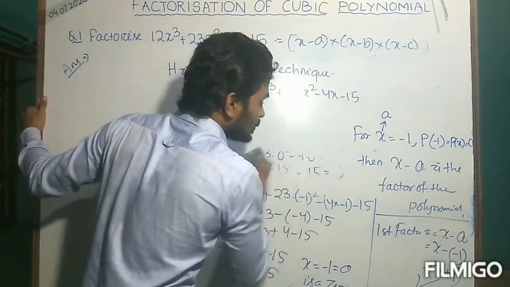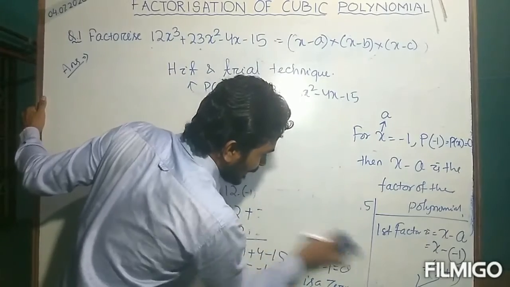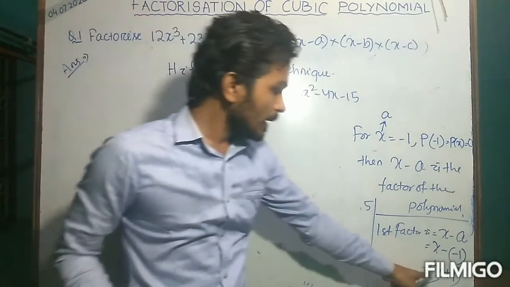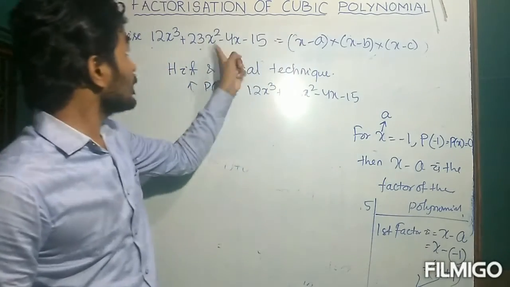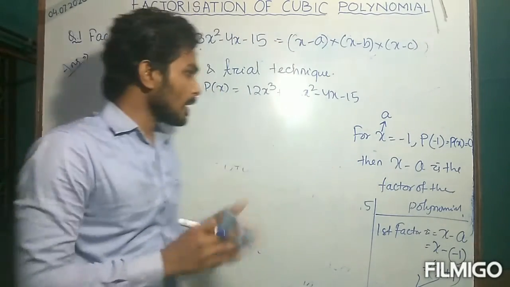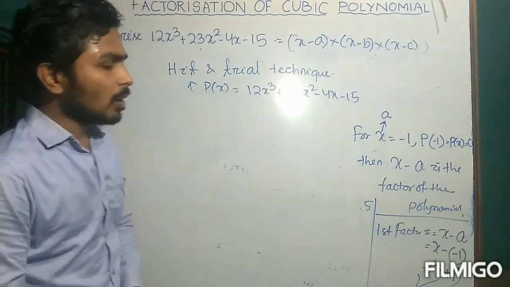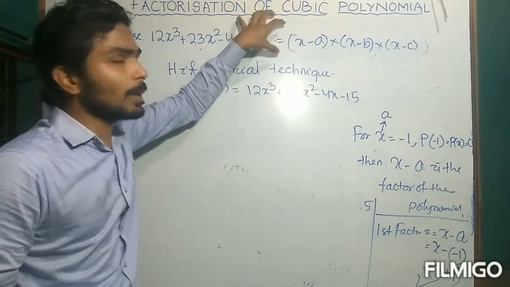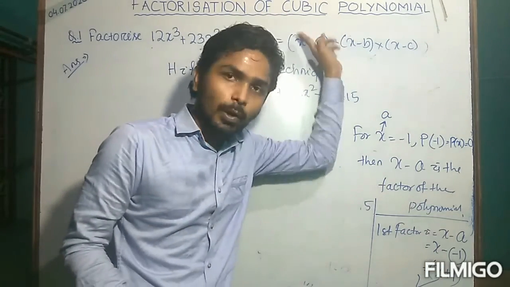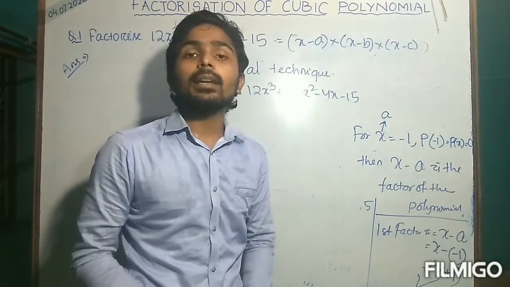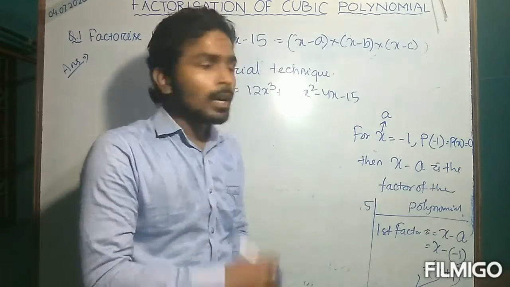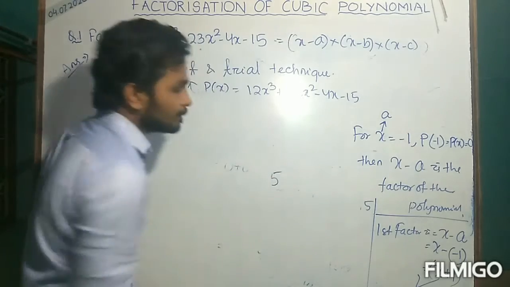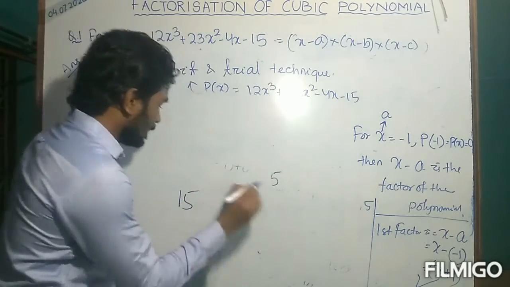So let us find the other two zeros. How can we find them? See one thing, since x plus 1 is a factor of this polynomial, then if we divide this polynomial by this factor, the remainder must be 0. For example, take 5 and 15.